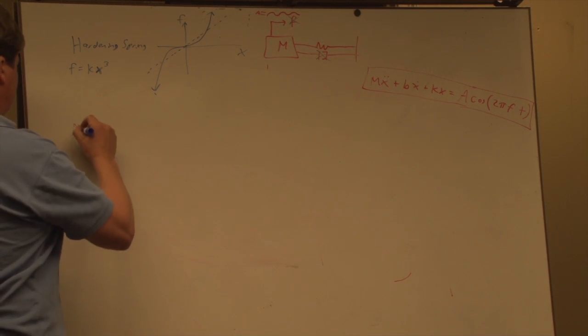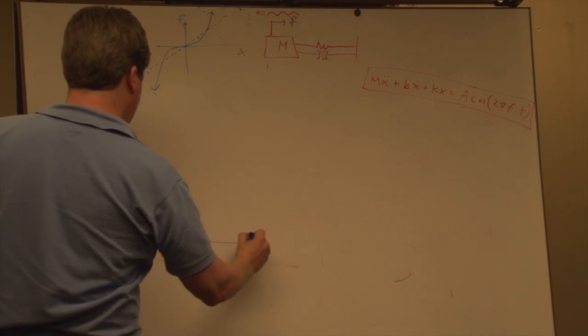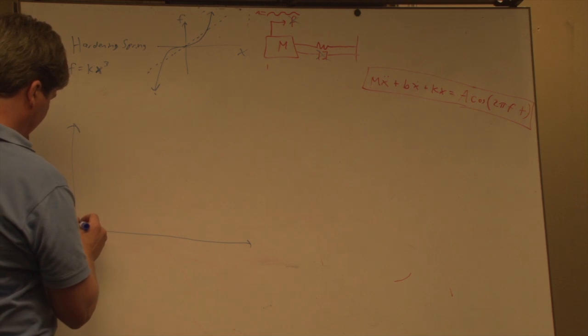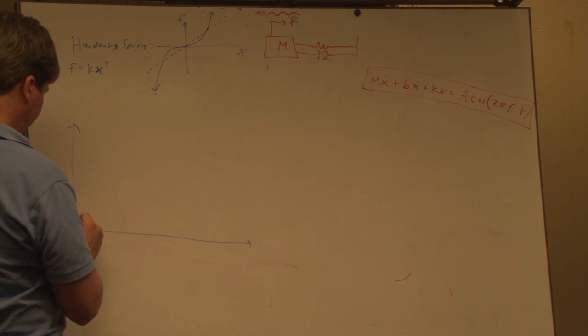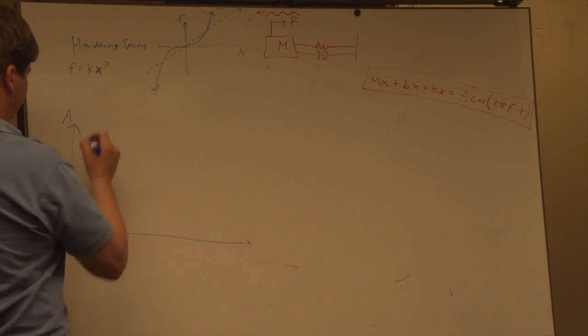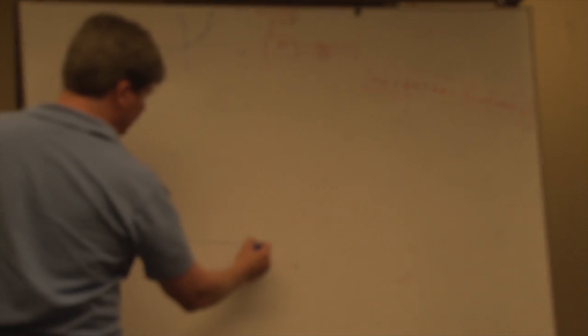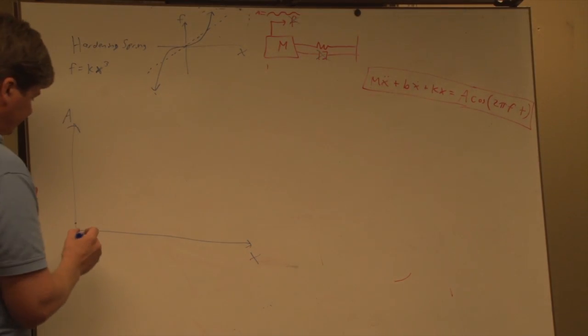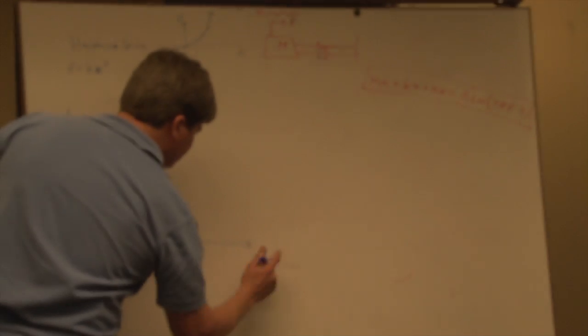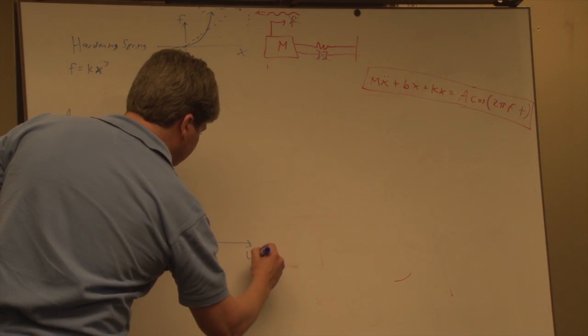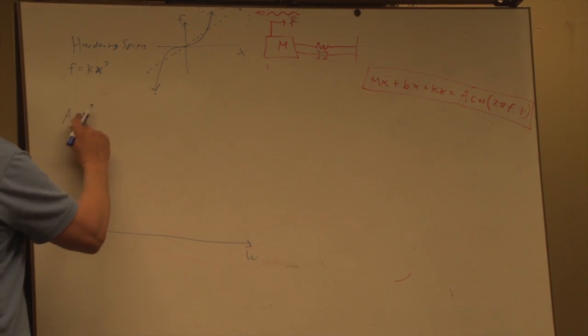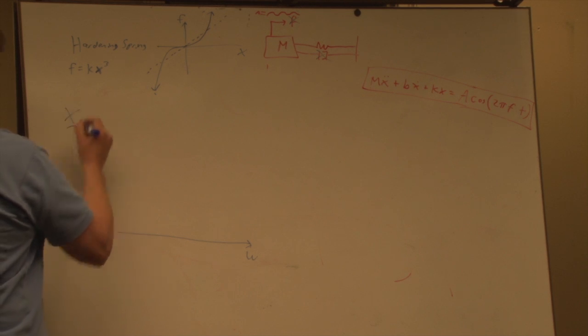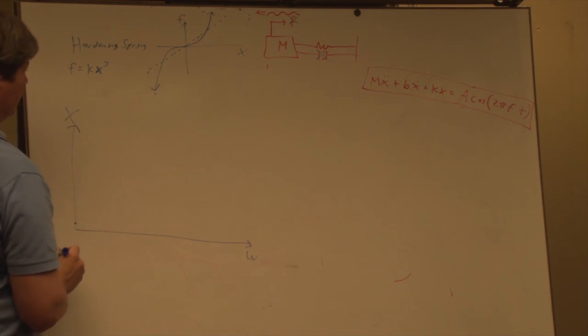Right. So if you go back to if you drive it at a real low amplitude. If this is frequency, and this is the output amplitude, and this is at different input amplitudes.